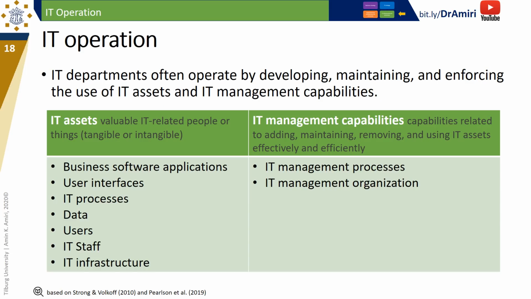IT operation deals with the way information technology is used and operated in a company. IT departments often operate by developing, maintaining, and enforcing the use of IT assets and IT management capabilities. First, IT assets are valuable IT-related people or things such as IT staff, IT infrastructures, users, data, and so on and so forth.